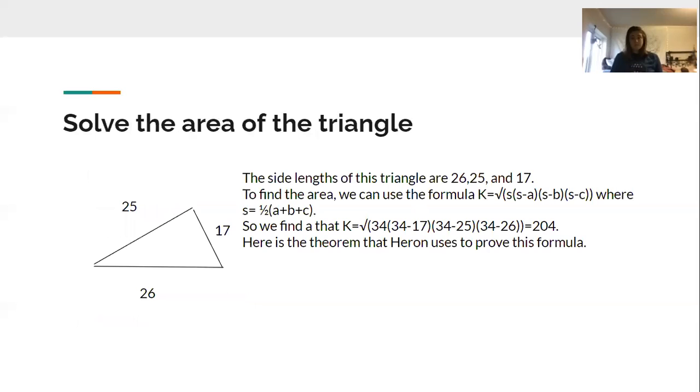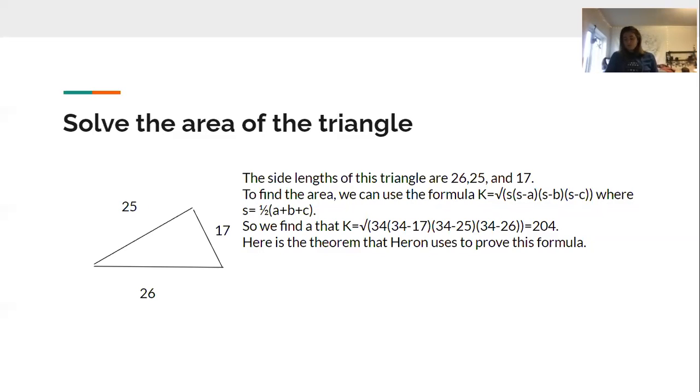So now we're going to move on to the proof, now that we know who Heron is. In the context of the proof, we need to know how to solve a triangle that we see there. Without drawing an altitude, we really don't know how to find the area without the formula that Heron proved.